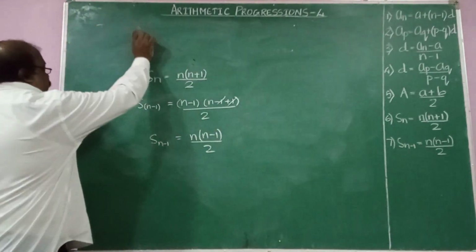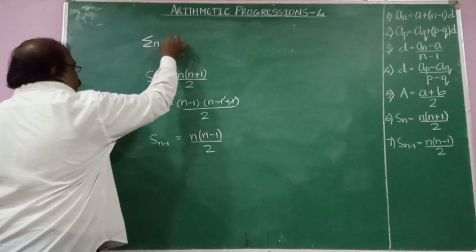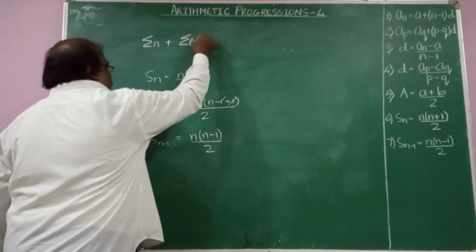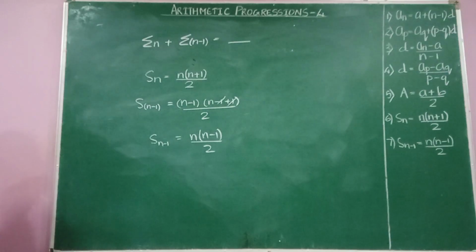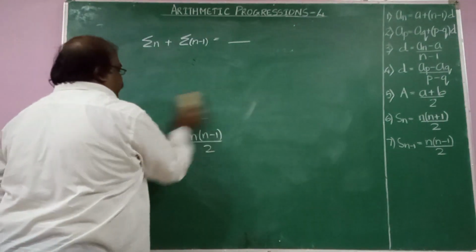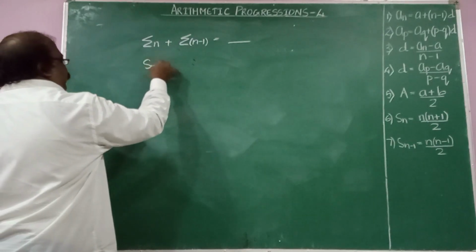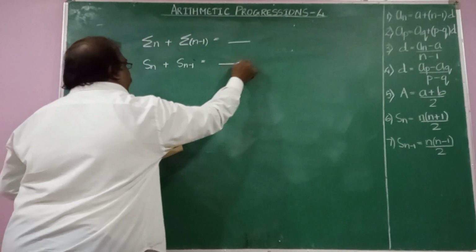There was a question asked in the annual examination. What is the value of sigma n plus sigma n minus 1 equal to? This can also be written as Sn plus S of n minus 1.